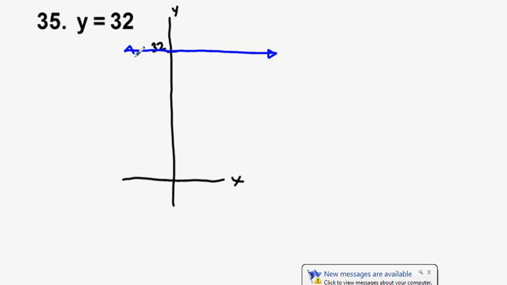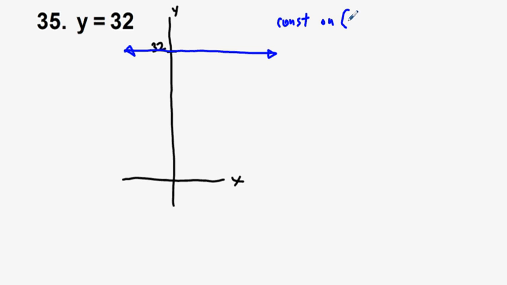Basically, this is a constant function. It's constant on the interval of greater than negative infinity, less than infinity, and this function is bounded below because the boundary is 32, and bounded above because that upper boundary is 32. So we say this function is bounded because the function is bounded above and below.